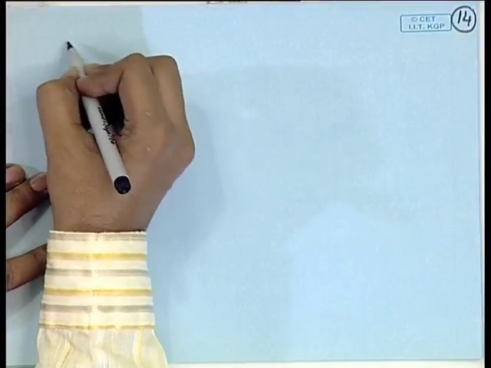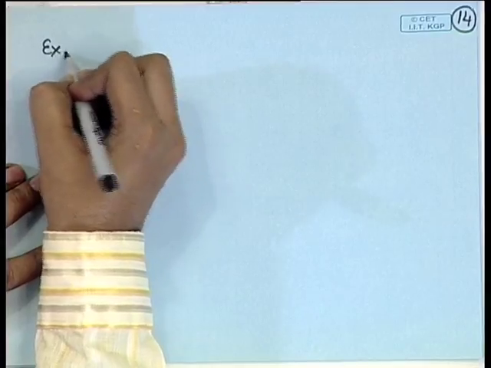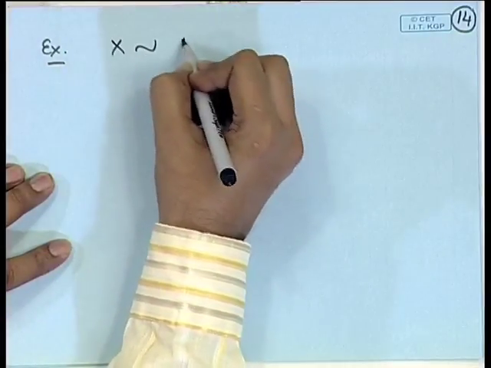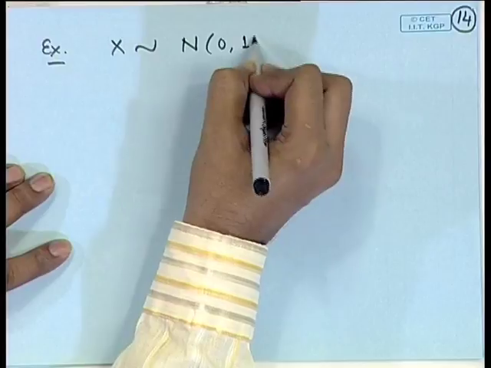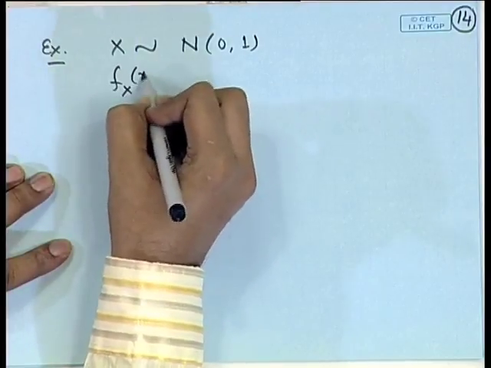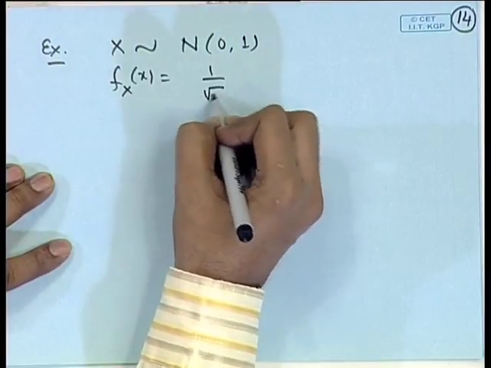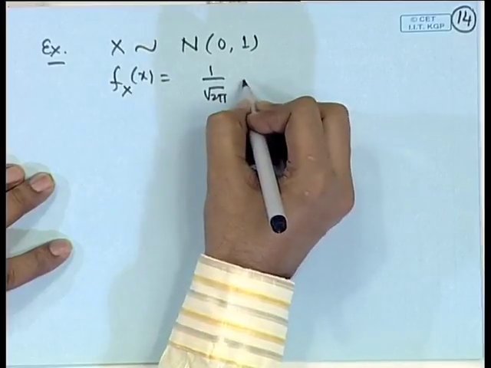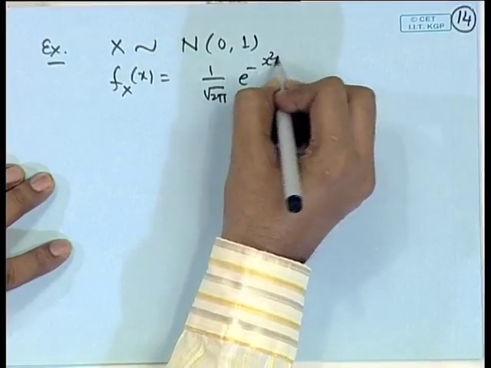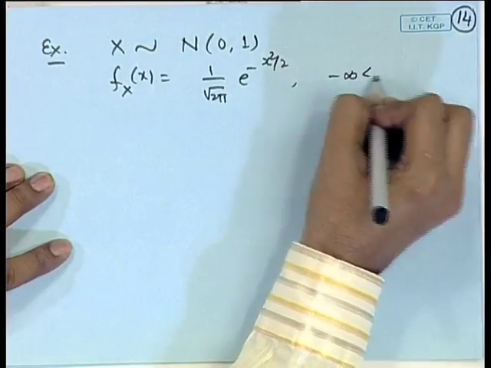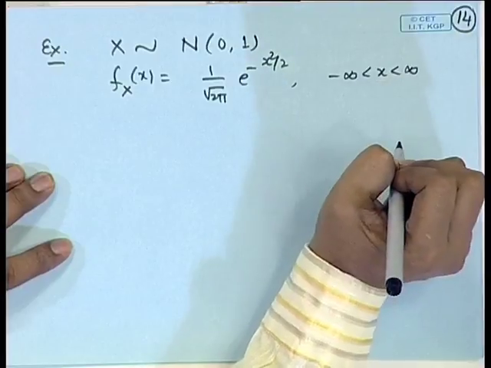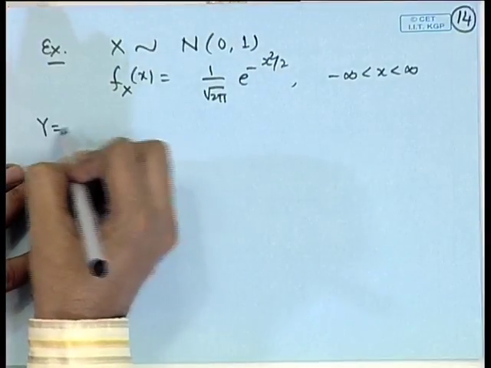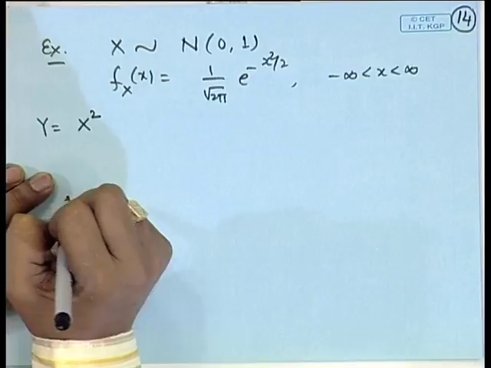Let us consider say x follows normal 0 1 distribution. So, the density function is 1 by root 2 pi e to the power minus x square by 2. Consider the function say y is equal to x square.